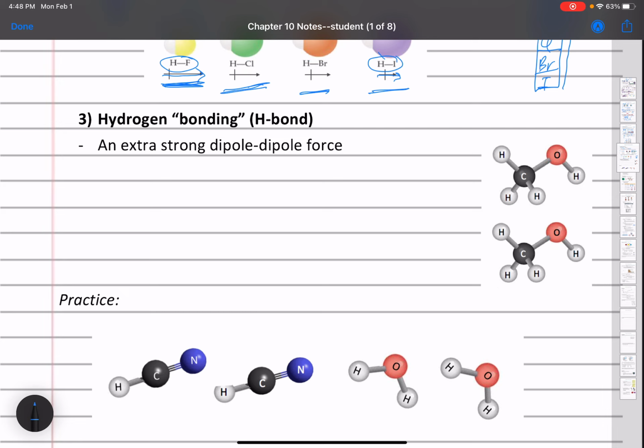All right, the third type of van der Waals attraction is hydrogen bonding. And I put quotes here because it can be confusing when we call it a hydrogen bond, because then we want to sort of categorize it with covalent bonds and ionic bonds, and it's not really a true bond, it's a type of attractive force. Though I guess you could say no bond is a true bond, they're all some kind of attractive force.